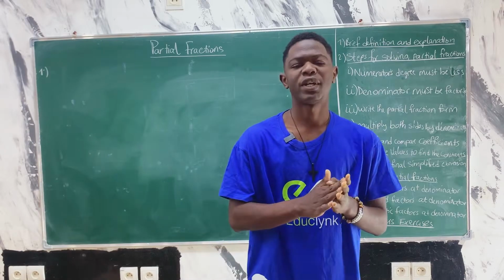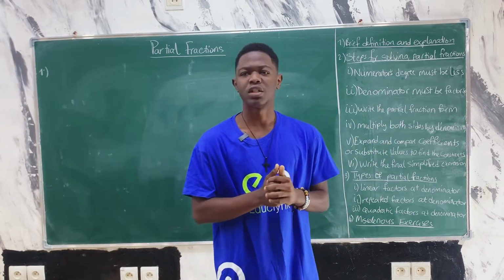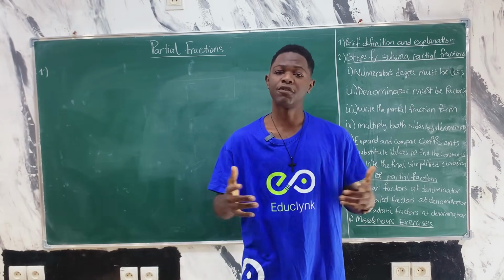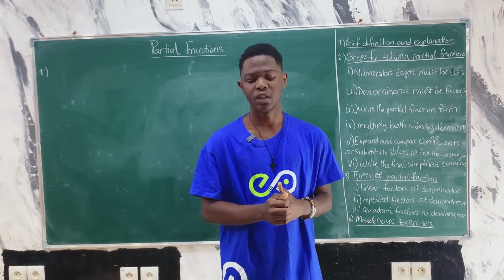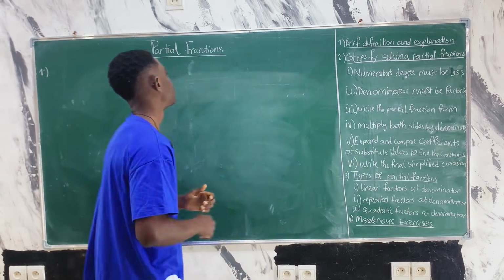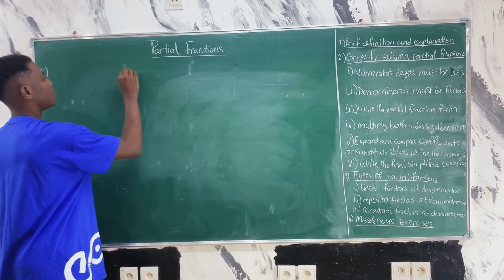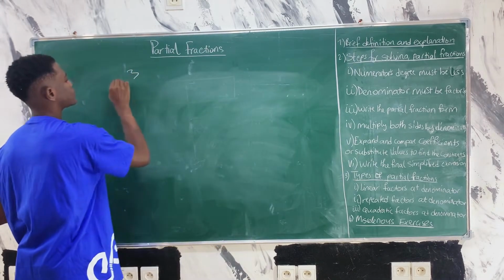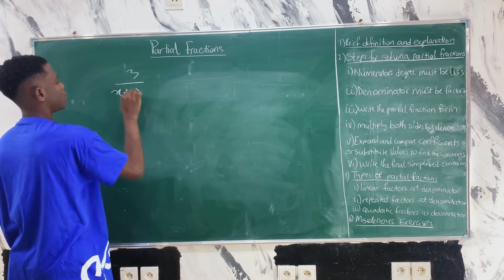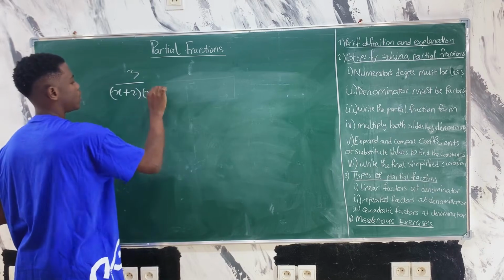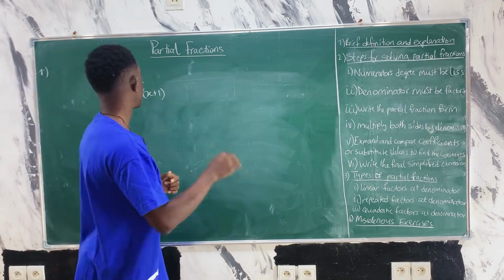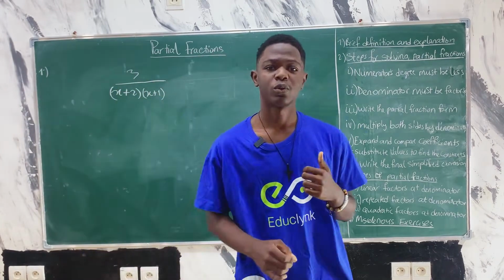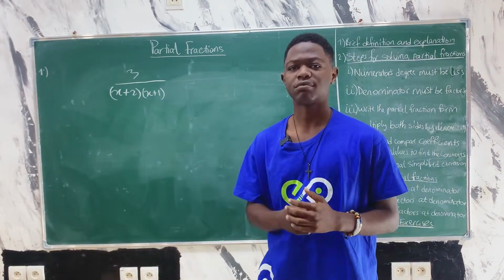Alright, so what is a partial fraction? A partial fraction is just the simplified form of a whole fraction. For instance, you can have a fraction like 3 on x plus 2 into x plus 1.